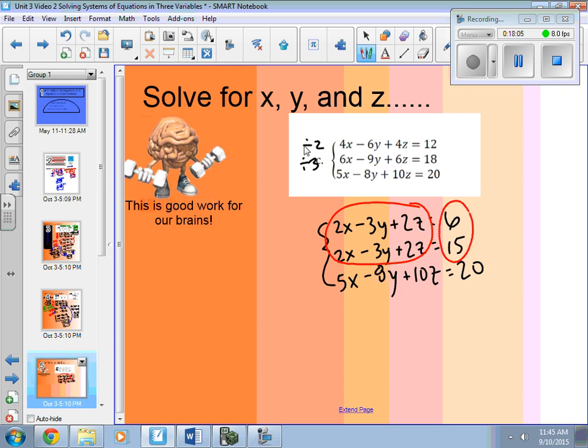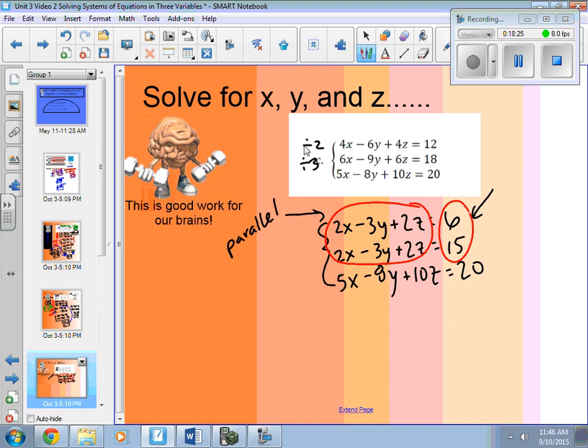If you recall from yesterday, when you have things that are the same like that, what does that mean about the lines? It's not going to be the same line here because the constants are different, but if the other stuff's the same, that's telling us that these lines are parallel.